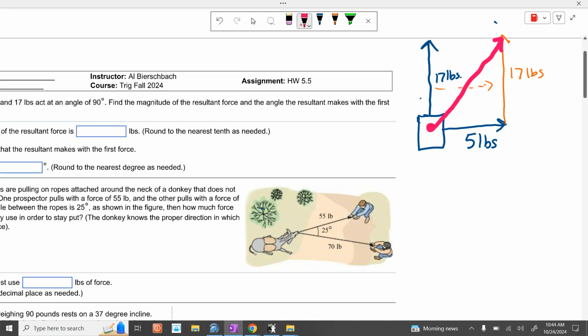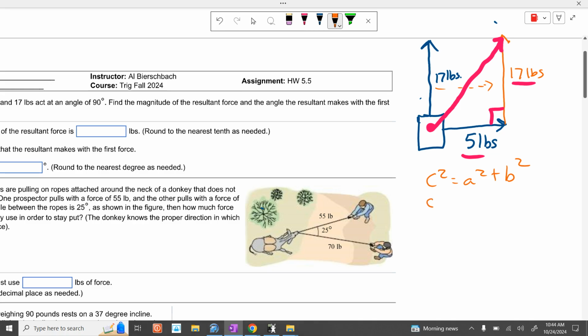Okay? So we have 5 on this side, 17 on this side. This is a right angle. Oh, I have a right triangle. How do I figure out the resultant force, which is the magnitude of that resultant vector? Pythagorean theorem. Very good. C squared equals A squared plus B squared.